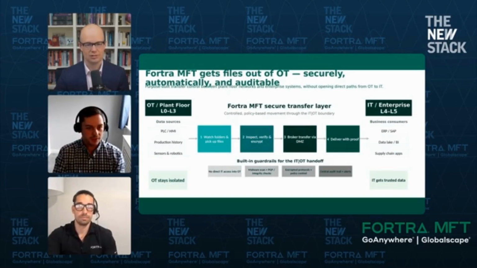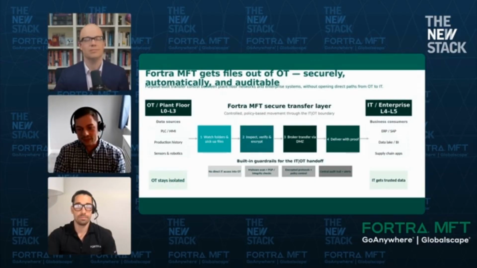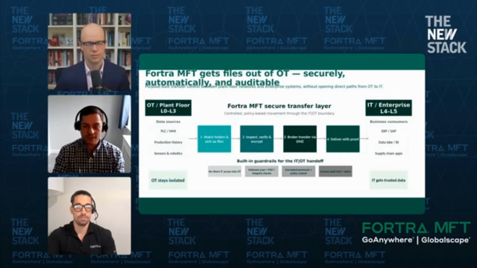Of course, one of the biggest risks from the IT world into the OT world is malware affecting the systems themselves. So having anti-malware scanning on the documentation before it even starts the journey is going to be very, very critical.